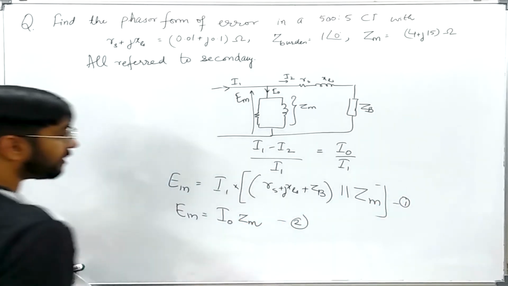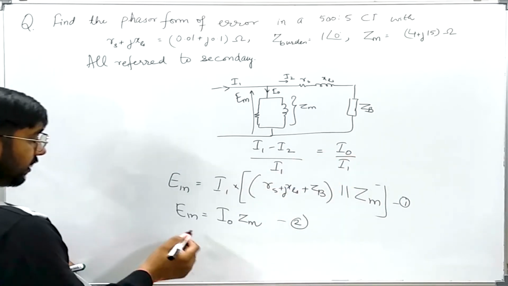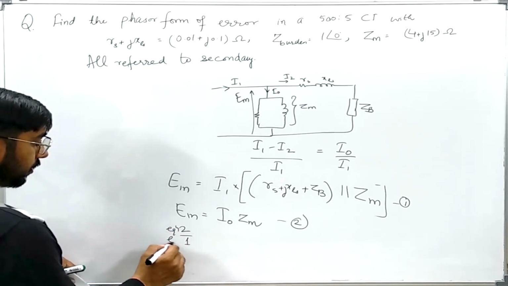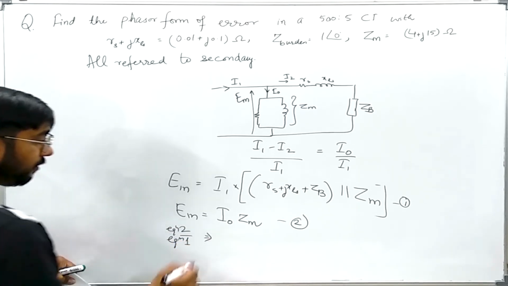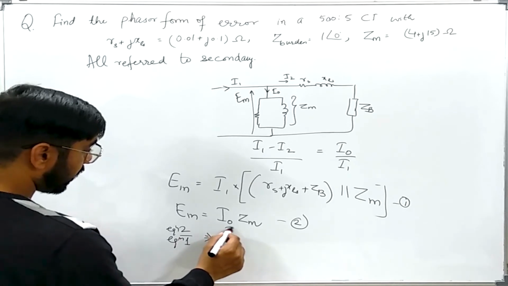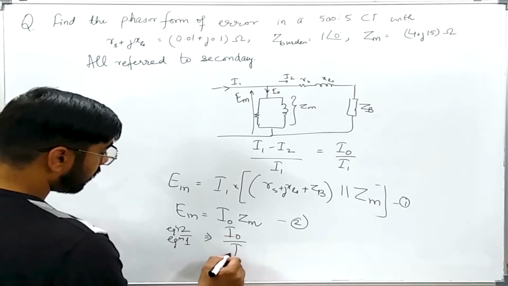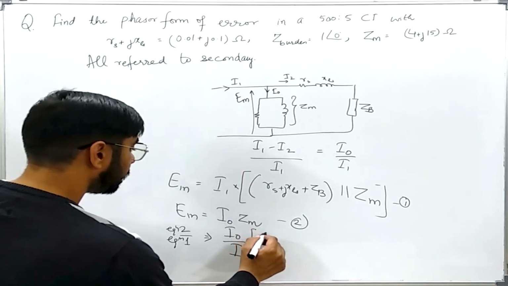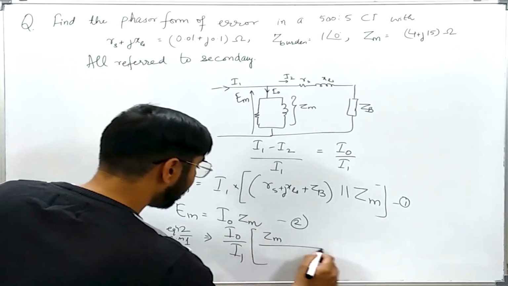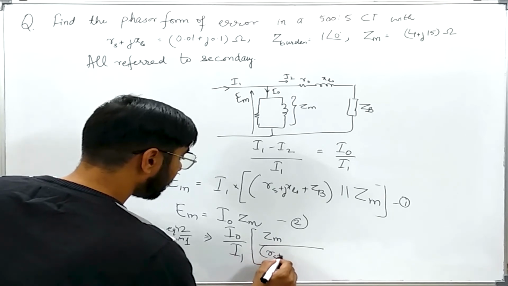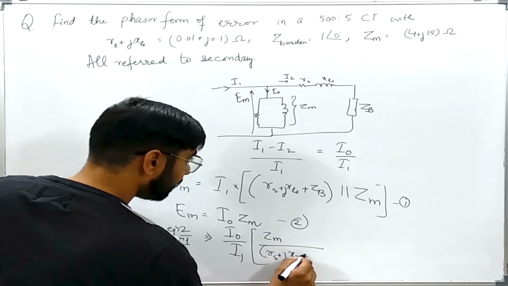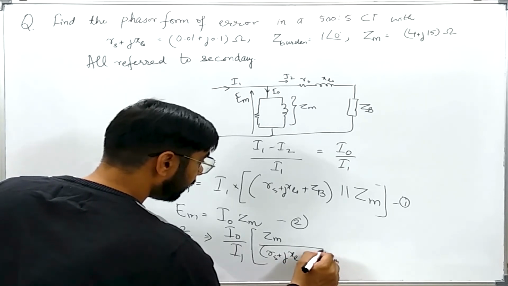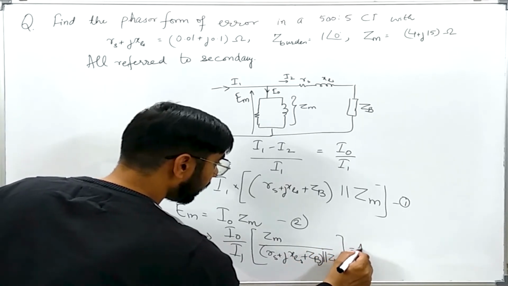Error is simply I naught over I1, so I will divide 2 by 1. It will give me I naught over I1 equal to Zm divided by RS plus JXLS plus ZB parallel to Zm, okay.